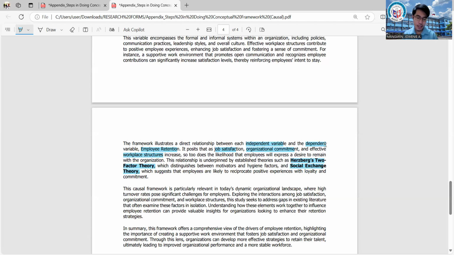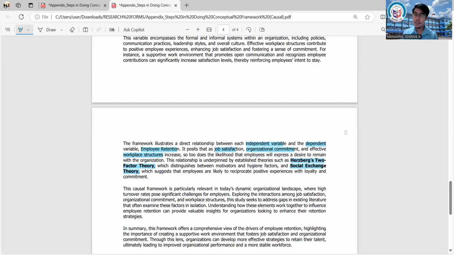Na, halimbawa, sinabi ng research teacher ninyo, okay, based on your research study, ito yung independent variable ninyo, ito yung dependent variable, at ito yung mediating variable. And from that, kayo na yung bahalang mag-construct ng, halimbawa, causal framework na gagamitin sa study. Kasi nga, wala tayong theory na ginamit. But if possible, sana, maka-adapt kayo ng theory.